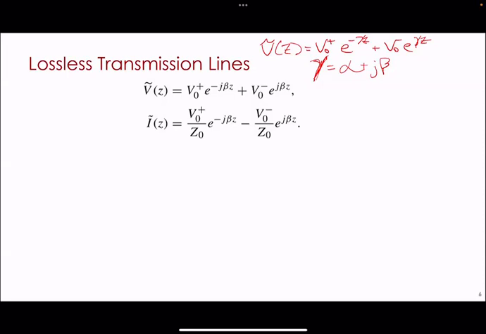So a reminder what this means. V for voltage, tilde for phasor. As a function of position, you've got some transmission line. You want to know what the voltage is at some point. I say, what's the voltage right there? This equation would tell you.